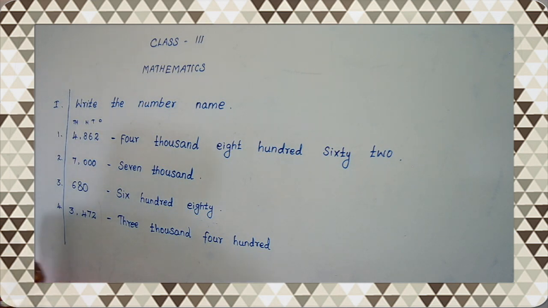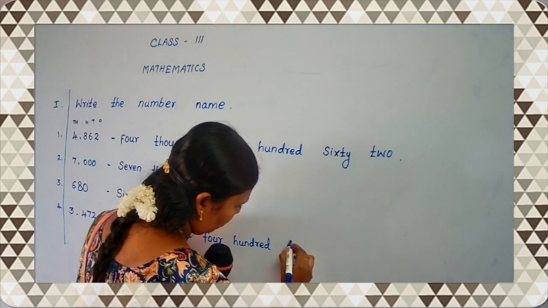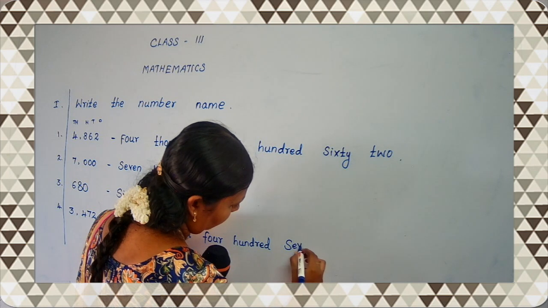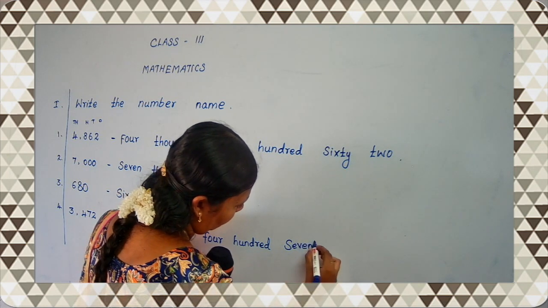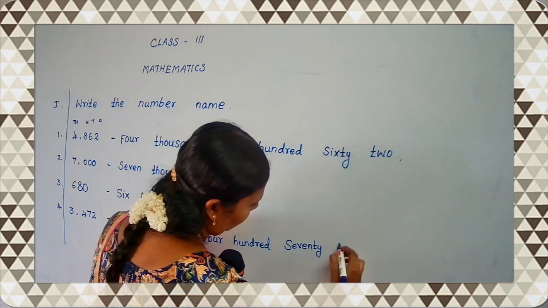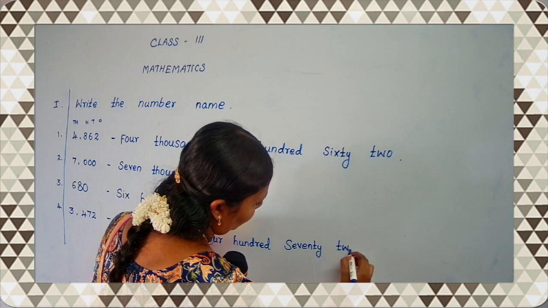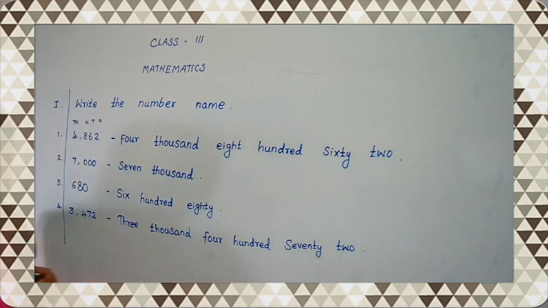Yes, 72. Say the spelling for 72. Seventy, 70. Two, 72. 3472.